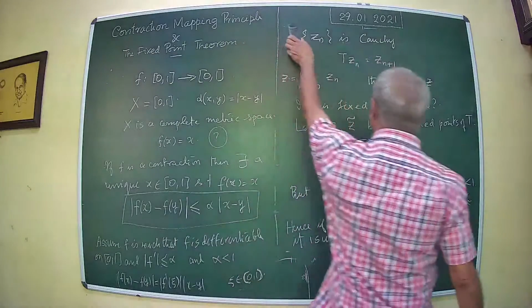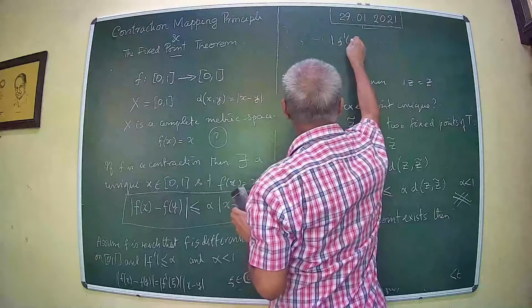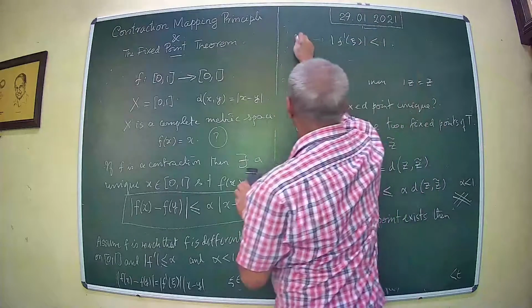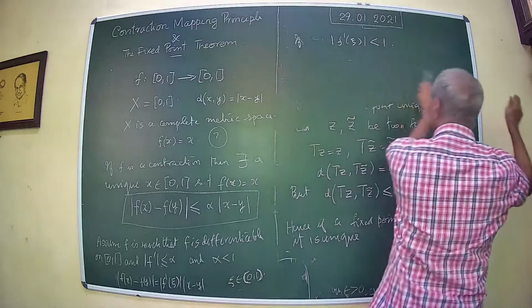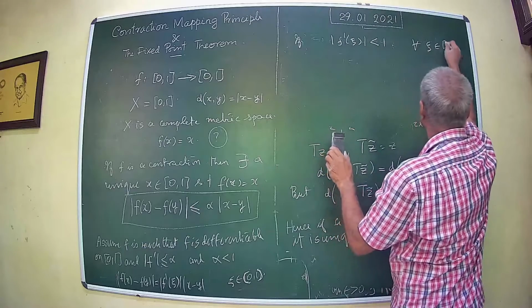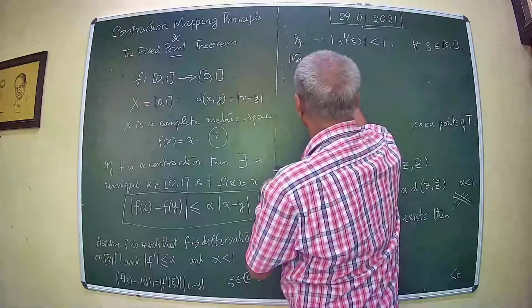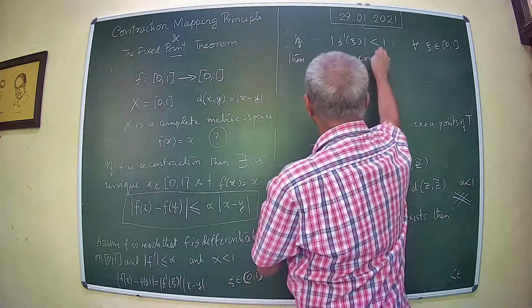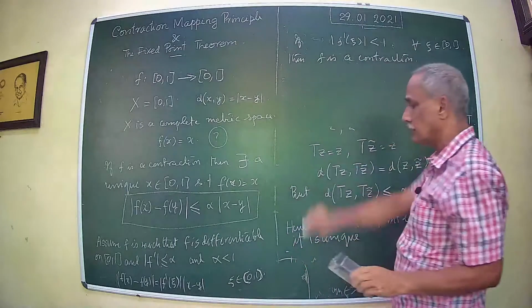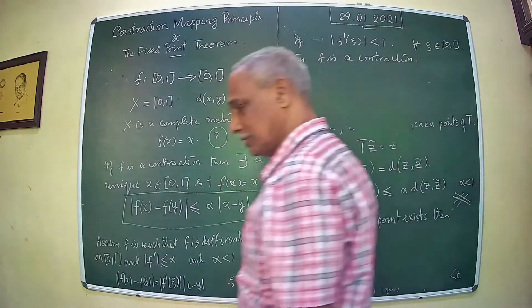Now all that you need is the condition that |f'| is less than alpha. And for all such functions, there is a unique fixed point.